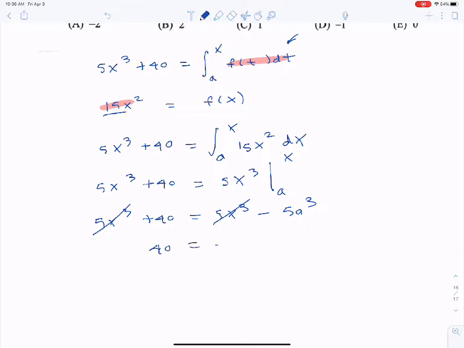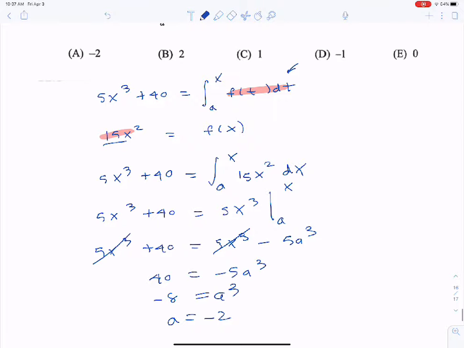I get 40 equals negative 5a cubed. Negative 8 equals a cubed. a equals negative 2. Okay, so that is number 8. Follow-ups on that?